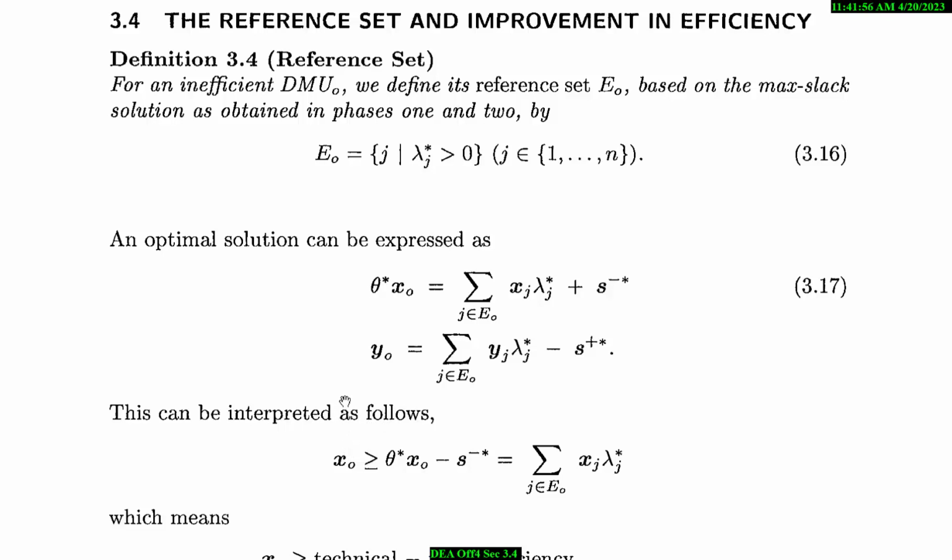Note that since theta star is less than or equal to 1 and the variables are all non-negative, we obviously have xo is greater than or equal to theta star xo minus s star, that is this summation, a positive combination of the inputs of DMUs in the reference set.